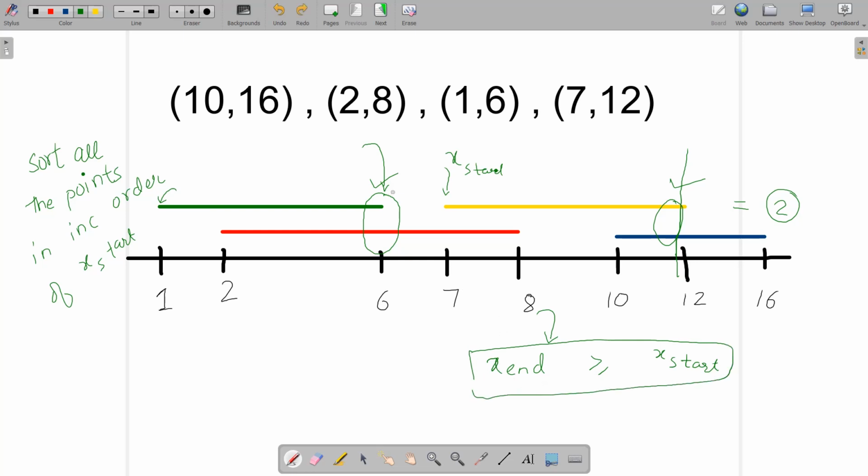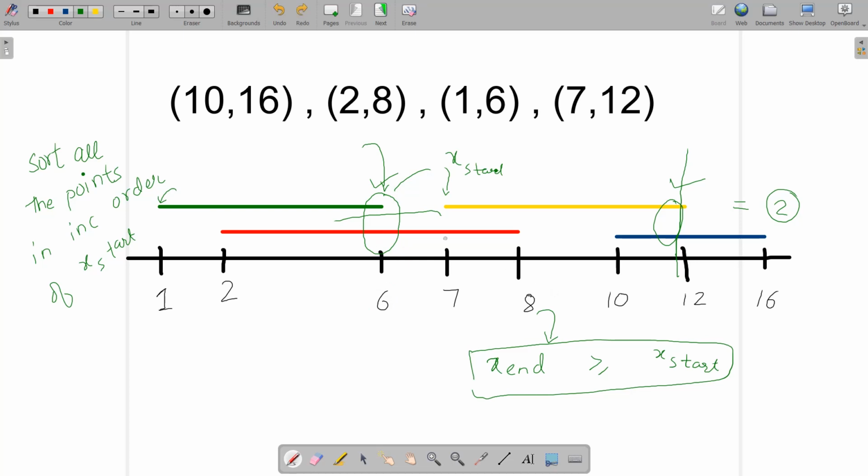Suppose I'm choosing this x start and fixing this x end, shooting an arrow at this position. All the next points whose x start is less than or equal to this x end, somewhere over here, can easily be burst by an arrow at this x end position, that is x equal to 6.